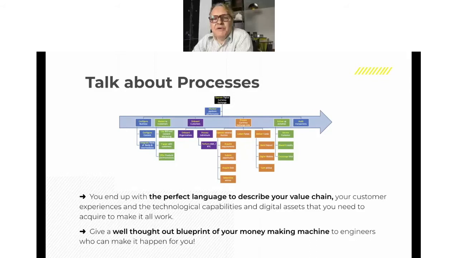With processes, you've got the perfect language to describe your value chain and your customer experiences. You help identify the technological capabilities and the digital assets that you need to acquire to make it work.